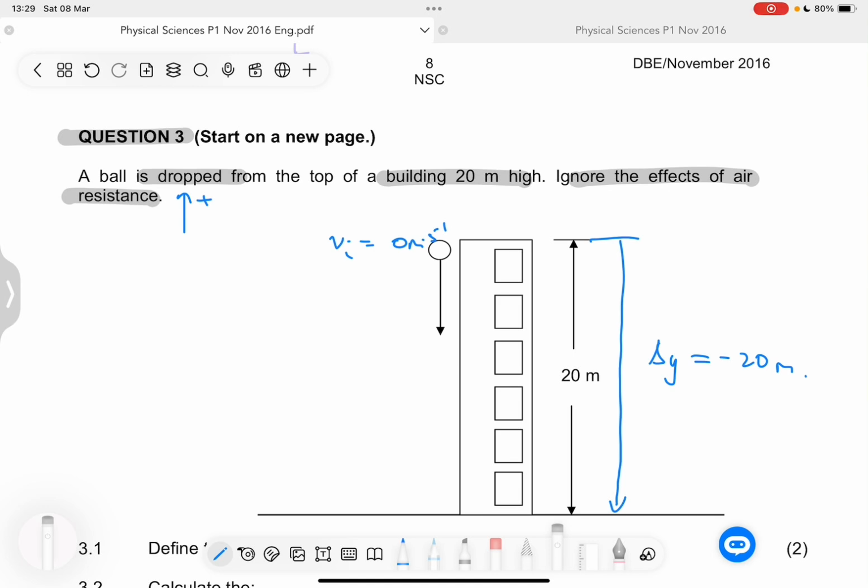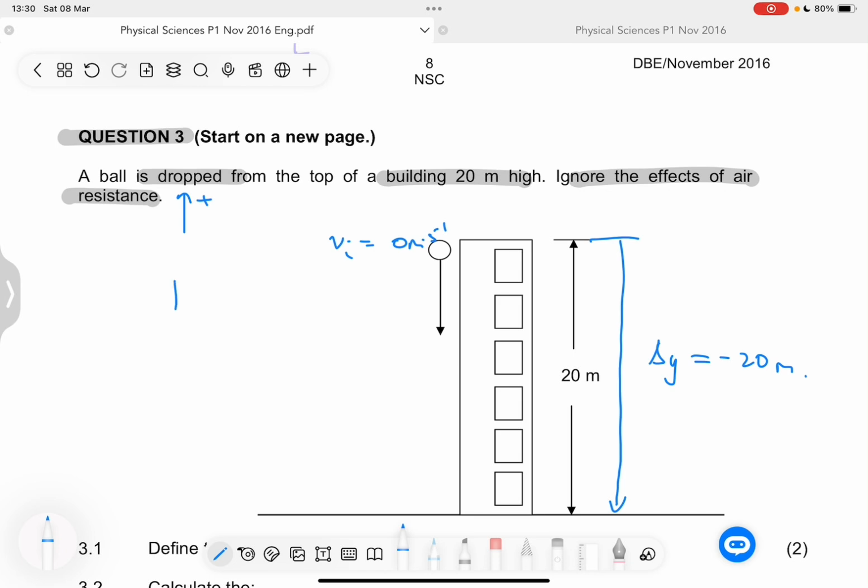And we were further told that we should ignore air resistance. That means there are no forces that are caused by air friction. There are no other external forces. The only force that is present in this situation is the force of gravity. And we all know that that force points vertically downwards and it produces an acceleration that also goes downwards.